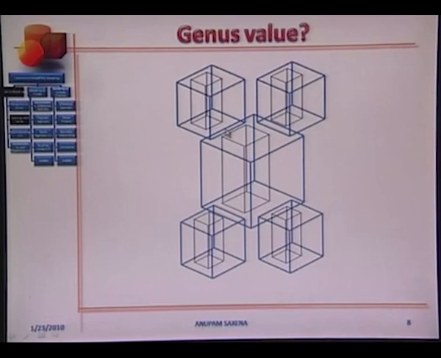And the blocks are attached to each other in such a way that a part of each face of the block is common with that of the contiguous block. So imagine that these are 5 blocks with through holes, all of them attached to each other. Once again, what is the genus value for this?